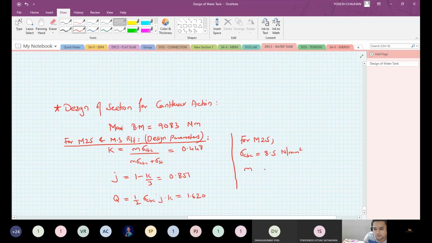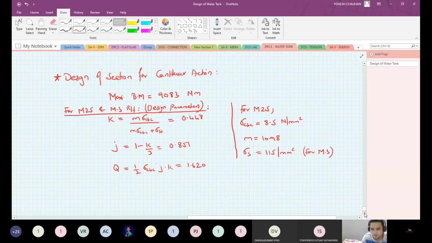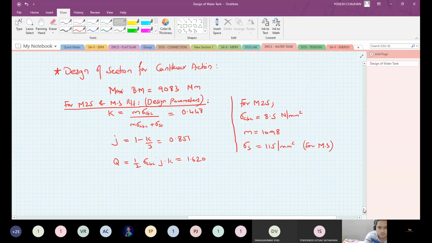Modular ratio is 10.98 and sigma S is equal to 115 Newton per mm square, that is for mild steel. So with this you can now design for the design moment of this value.